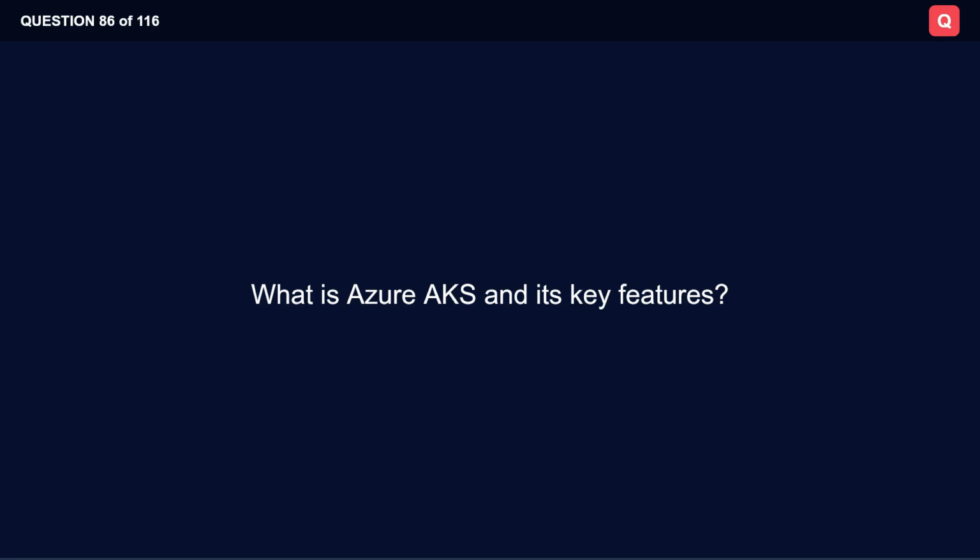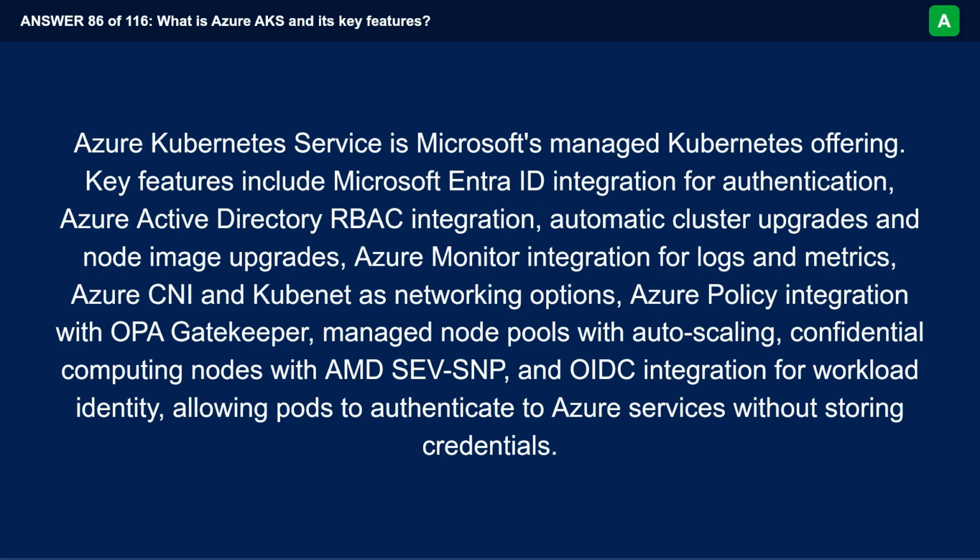What is Azure AKS and its key features? Azure Kubernetes Service is Microsoft's managed Kubernetes offering. Key features include Microsoft Entra ID integration for authentication, Azure Active Directory RBAC integration, automatic cluster upgrades, and node image upgrades.